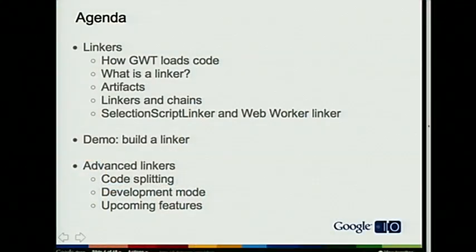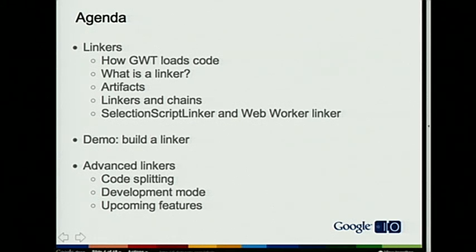Okay, so let's go over the agenda. I'm going to start off the talk just briefly recapping how GWT loads code. You might have seen this in Joel's talk earlier today. They had a similar diagram, but just in case you haven't been there, we'll go over it again. We'll move into what linkers are. We'll talk about artifacts and how artifacts propagate through linker chains.